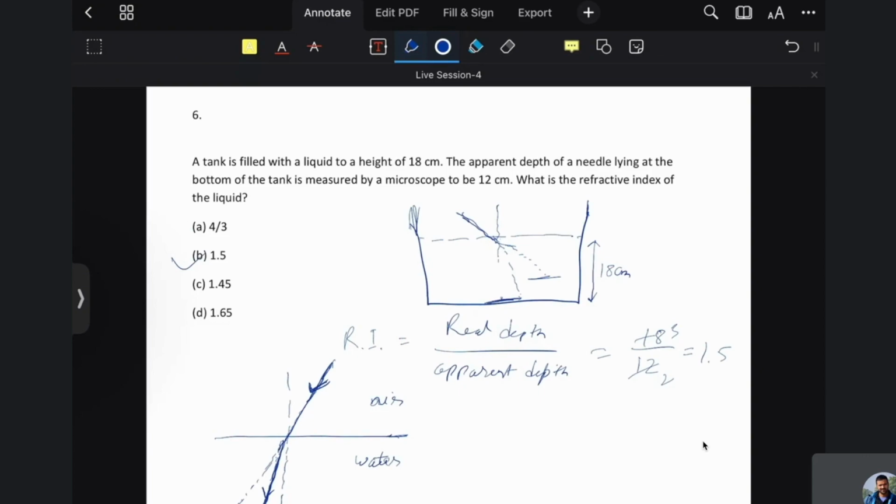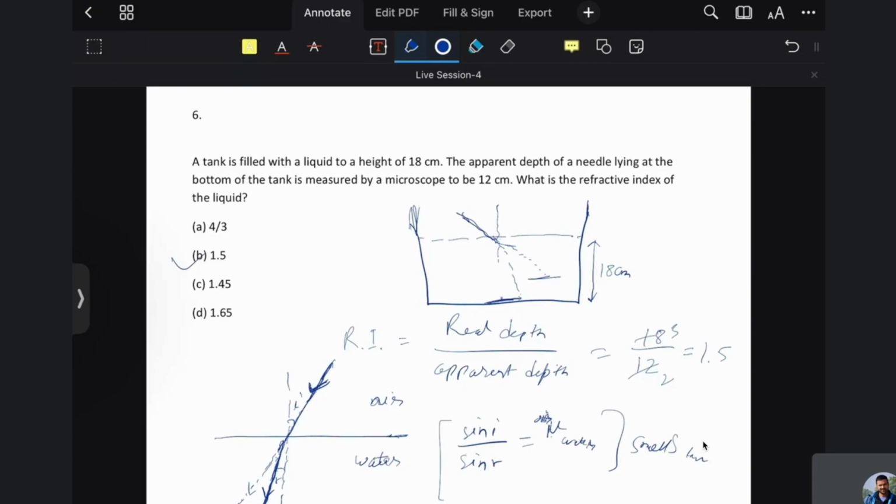And this angle is called the incident angle, and this is called the refracted angle, and there is a relation between them. So sine i by sine r is given by the relative refractive index, mu air by mu water. Since mu air is just 1, it will be just the refractive index of water. So this is Snell's law.